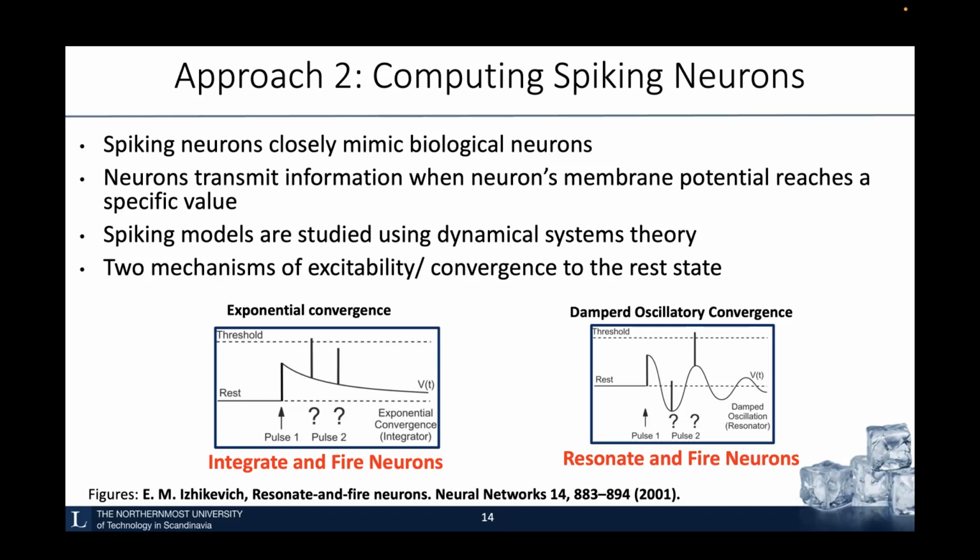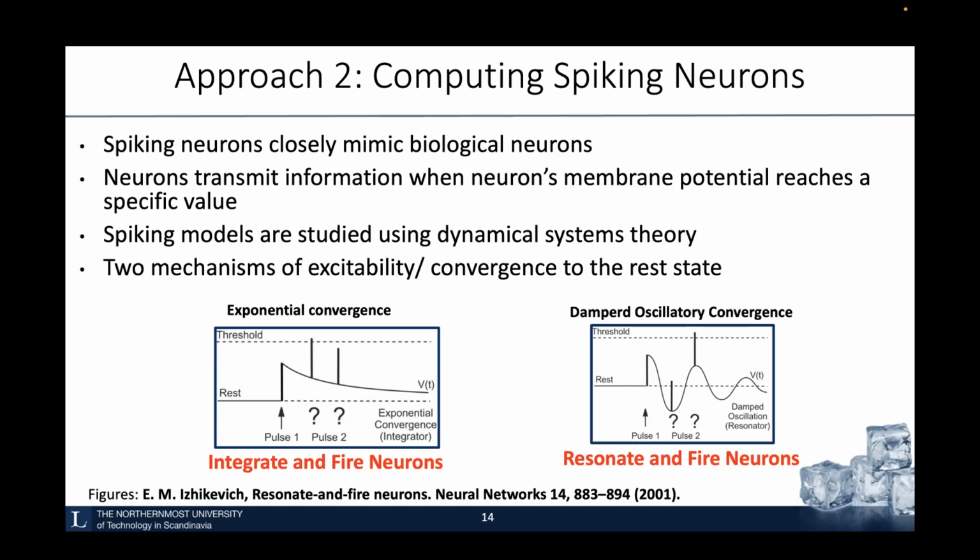And there are different ways this relationship between spiking patterns happens. One is integrate and fire, and another one is resonate and fire. So the learning process is really about finding the conditions under which one spiking pattern is transformed into another target pattern with desired properties, on a very high level.